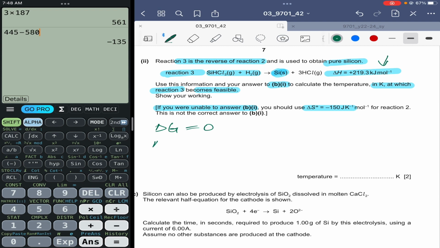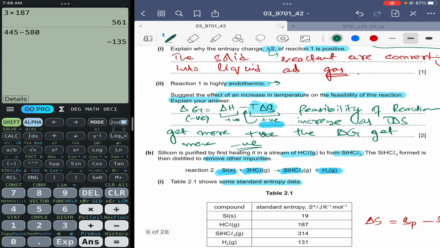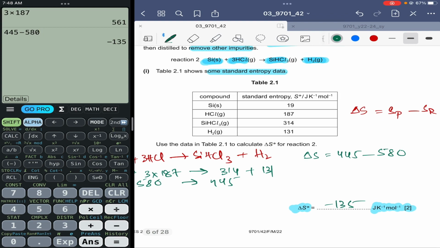So delta G is equal to delta H minus T delta S, so that would be equal to 0. Now delta H is 219.3 minus the temperature we have to find out, times delta S. Now we have calculated the delta S for the previous reaction, and that was minus 135.